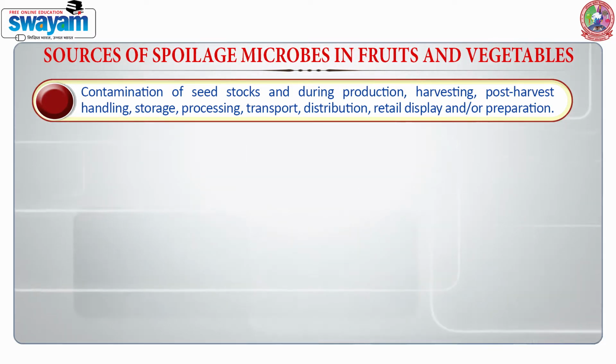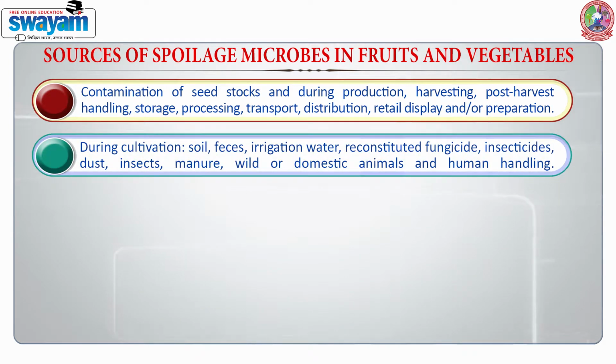So, the spoilage organisms can gain access into the fruits and vegetables during different stages of the growth, distribution, marketing, preparation, etc. Now, let us see the initial stages of the contamination.